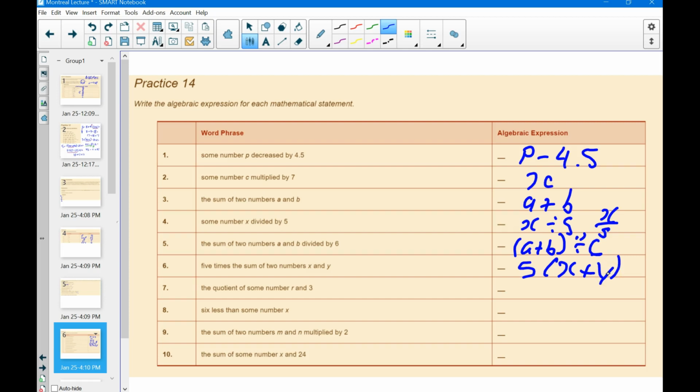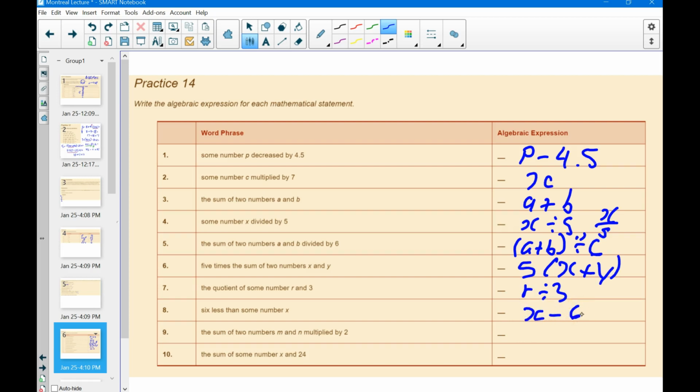The quotient of number r and 3, and that would be r divided by 3. 6 less than some number, we're going to have x minus 6.